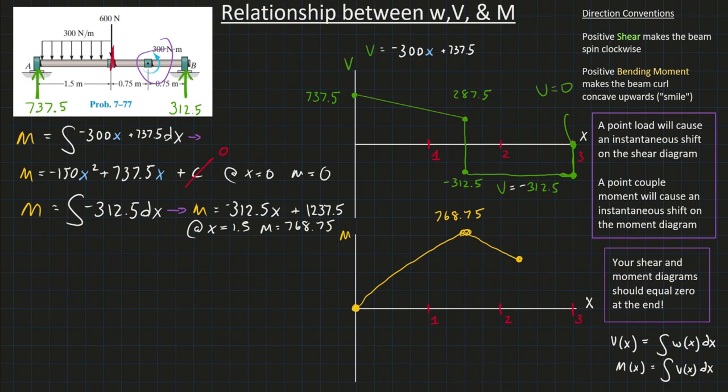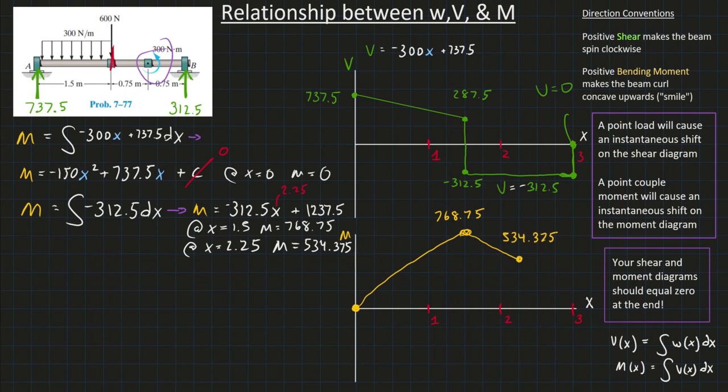So let me just figure out what this M value is here. That's no problem. I can just plug in 2.25 in for the x and see what we get for M. So at x is equal to 2.25, we learned that our M will equal 534.375.